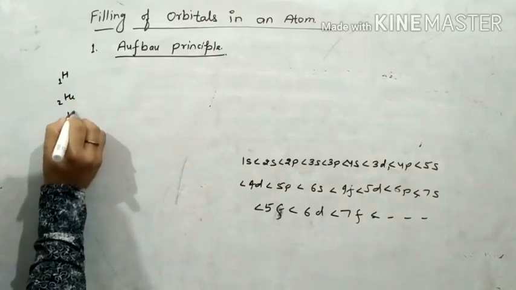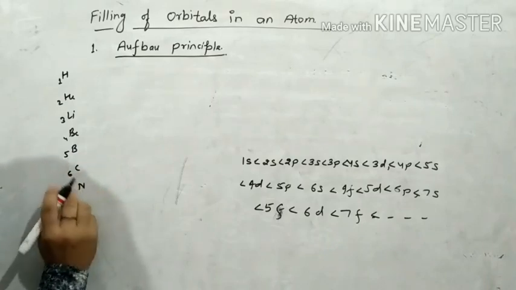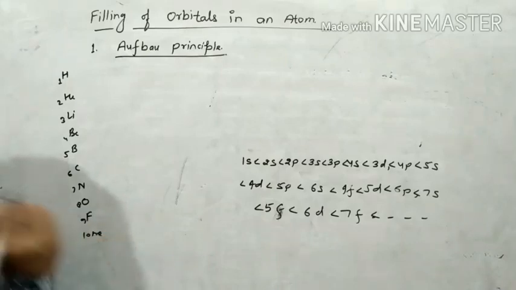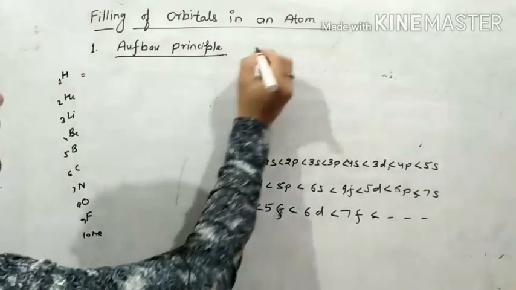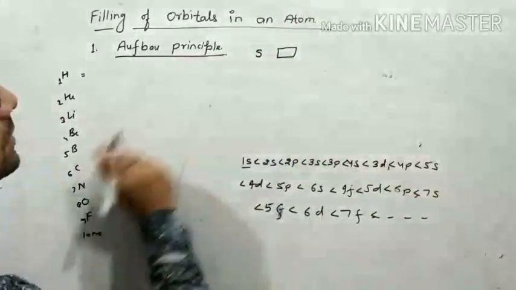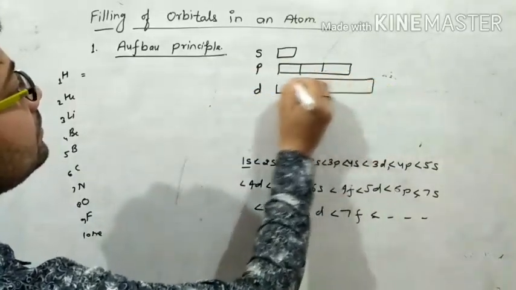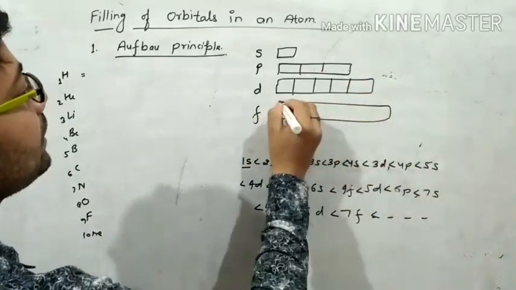Hydrogen, helium, lithium and so on up to neon: starting from 1s with one electron. As you know, s has only one atomic orbital, p has 3 orbitals, d has 5 orbitals, and f has 7 orbitals.